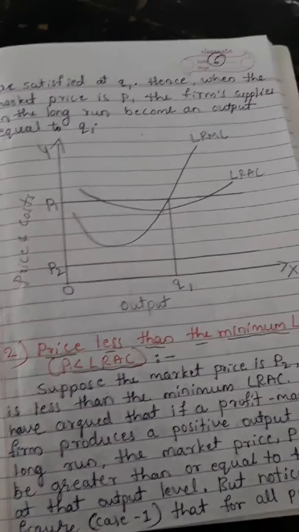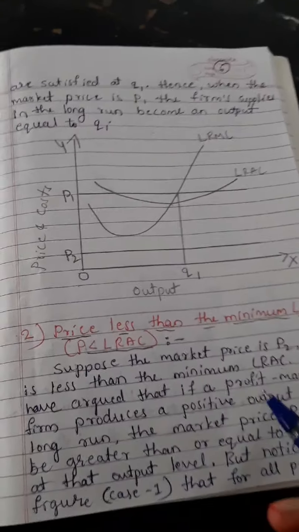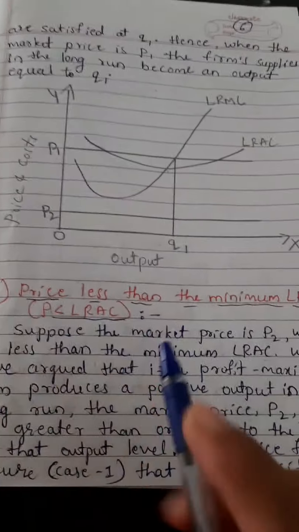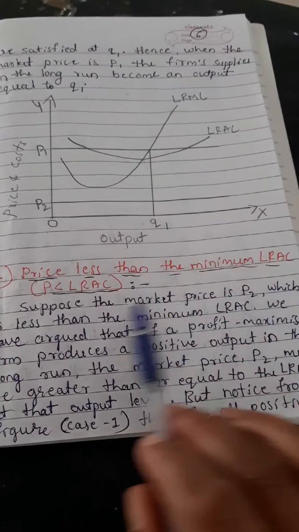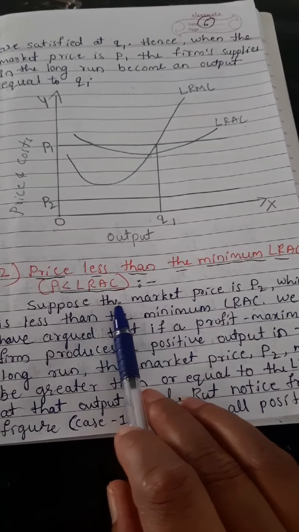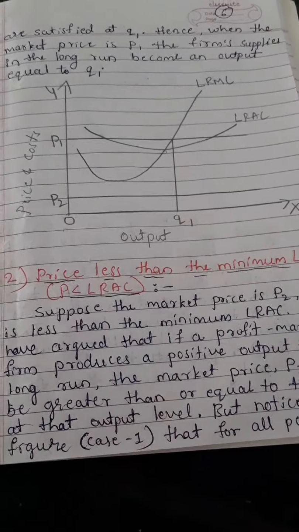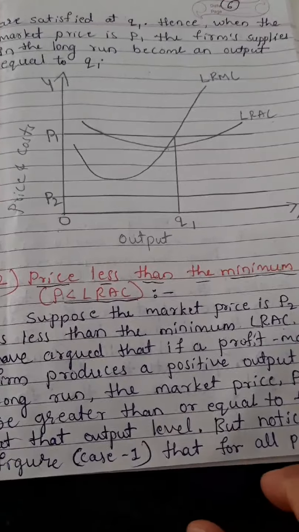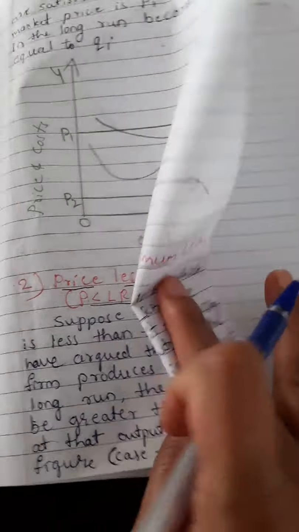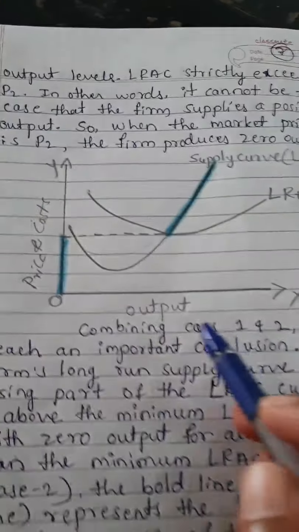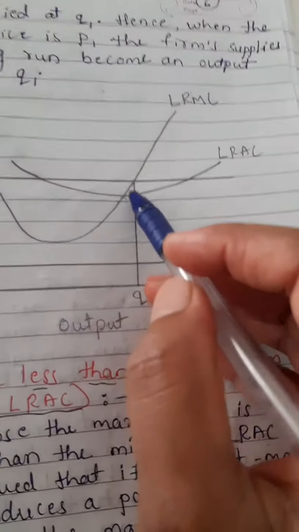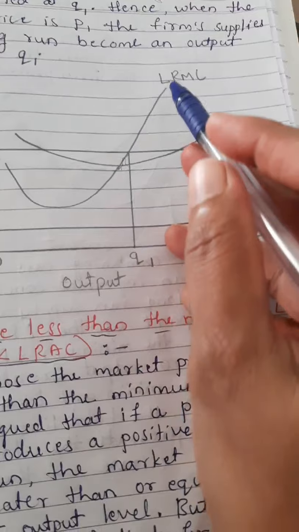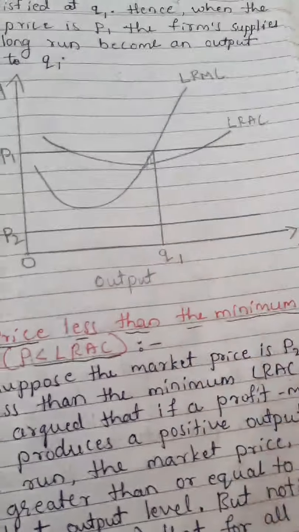Same thing as in the AVC curve in the previous case number 1. And here, price is less than the minimum LRAC. P is the price, less than the LRAC. The curve is the same; from the intersect point given here, from here to here is called the supply curve.